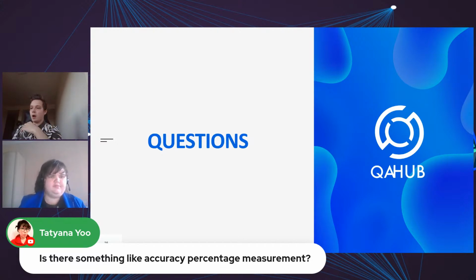Yes, sure. As I already mentioned, we have a lot of metrics. And this is an example of the simplest metric, which is really used in real life. It is called simply accuracy. This is the percentage of correct predictions among all predictions.